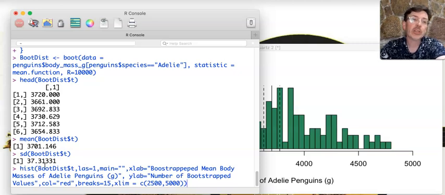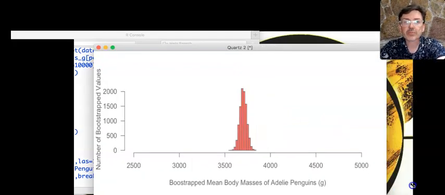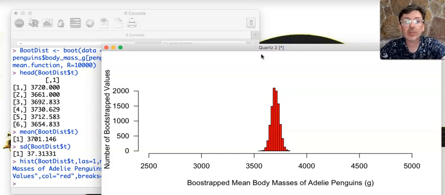I'm just going to have my bootstrapped bootstrap mean masses, the number of bootstrap values, and I'm going to estimate that, hit enter, and you can see here, this gives you the individual values that we have here on that same initial scale.